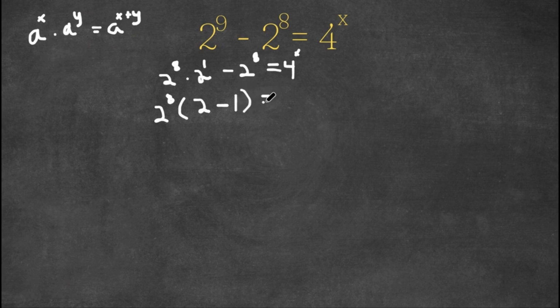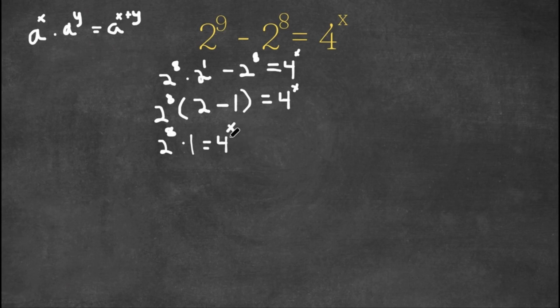And this is still equal to 4 to the power of x. Now 2 minus 1 is simply 1. So 2 to the power of 8 times 1 equals 4 to the power of x.